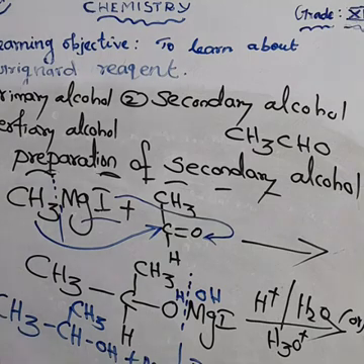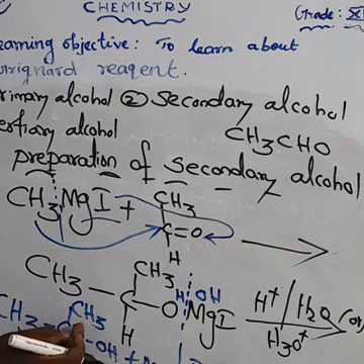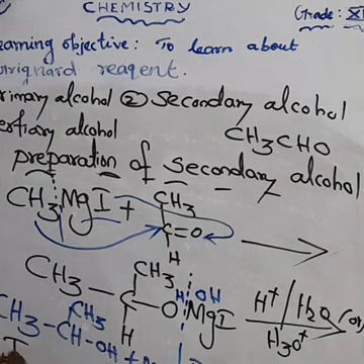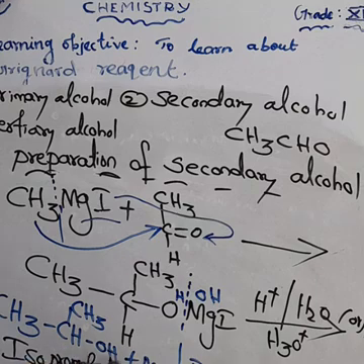Okay, expected product. What's the name of this compound? Isopropyl alcohol. Why are we saying isopropyl alcohol? What's the reason? Because here one methyl group is a branch chain. Isopropyl alcohol.